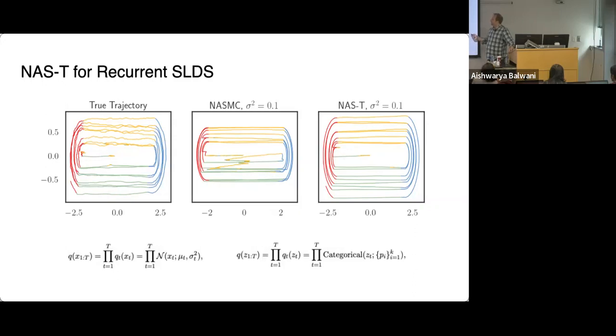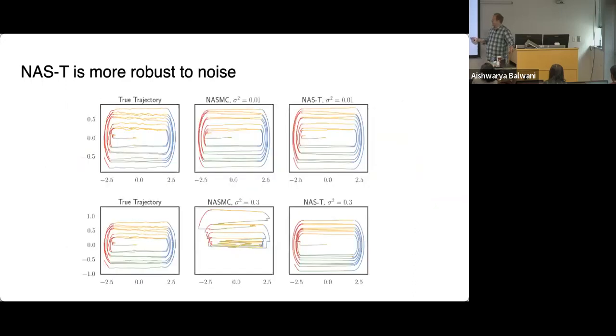And we find that learning these proposals based on the smoothing distribution makes a big difference, especially in very noisy settings. So when everything is pretty low noise, filtering and smoothing distributions don't really differ all that much because they're dominated by the instantaneous likelihood. But when you've got substantial noise, then incorporating future information really makes a big difference. And so that's the takeaway from this.